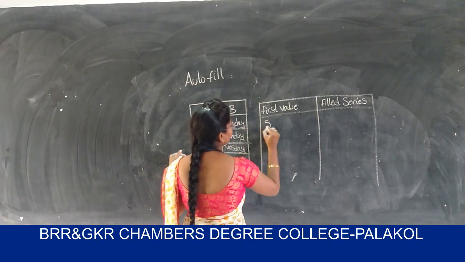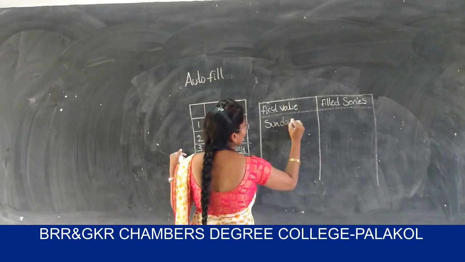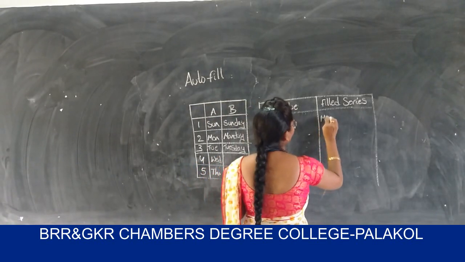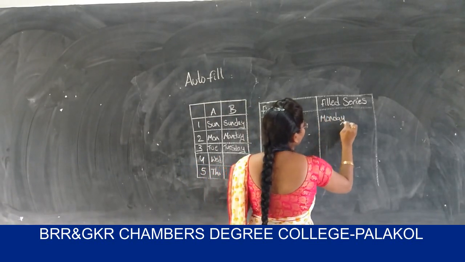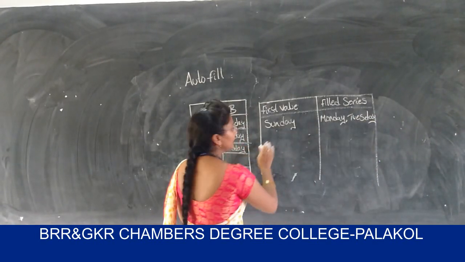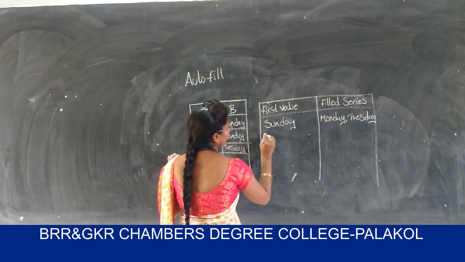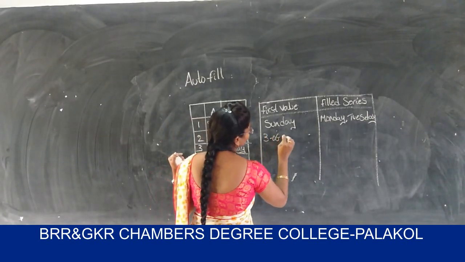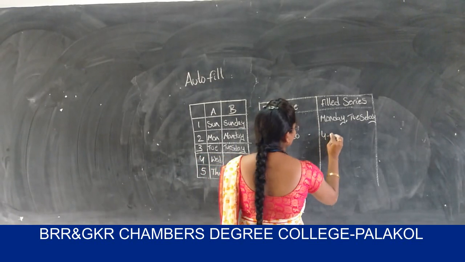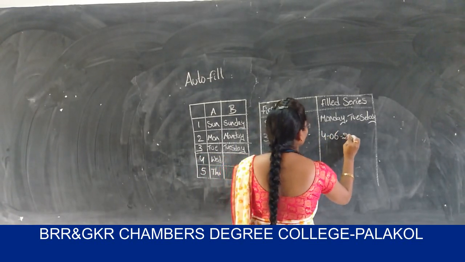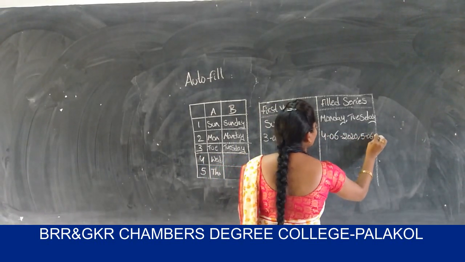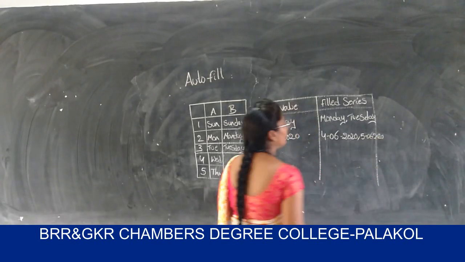First value is, here I am entering as Sunday, and filled series is, after Sunday it will be filled like Monday, Tuesday and etc. Here I am taking a date over here, that means 3rd June 2020, and the next series is 4, 5 June 2020 over here.